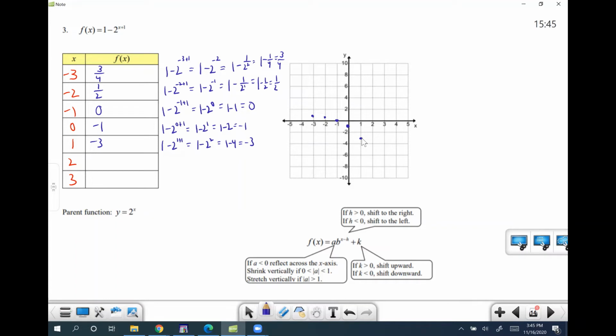Okay, I think we can kind of see what's going on. Maybe. It kind of looks to me like it's doing this. It looks like there's a horizontal asymptote to me at 1. Okay, horizontal asymptote at 1. So I want to make sure I don't touch 1, that I get really, really close to it.